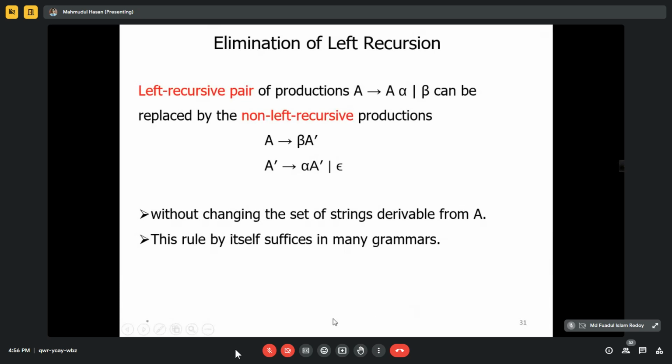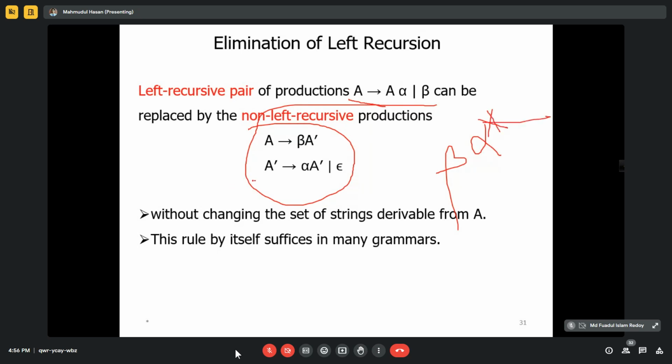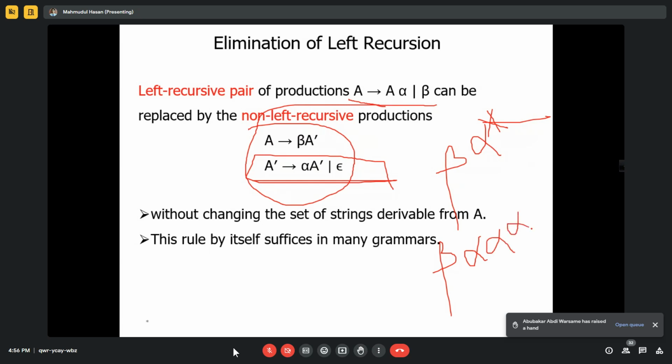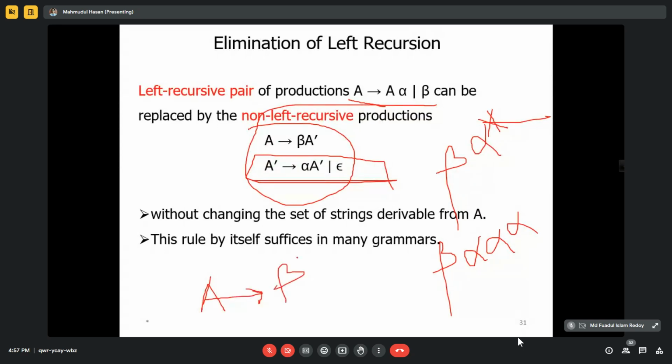Okay, just a minute, I will give an example. So this one is replaced with those. Suppose you want to produce beta alpha alpha. Suppose A to beta A dash.